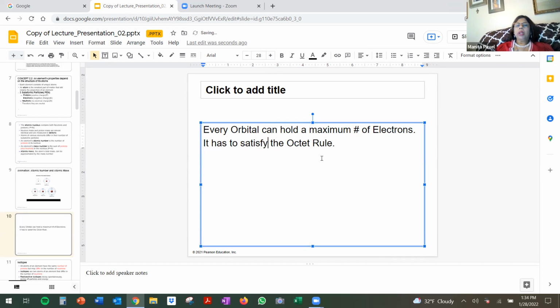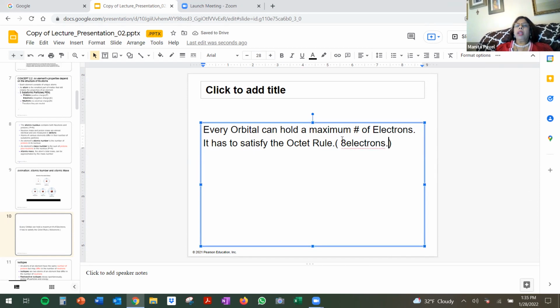It comes from the word octa, octave, which means it can only hold a maximum of 8 electrons. Octa.